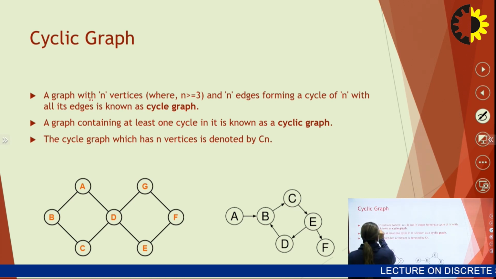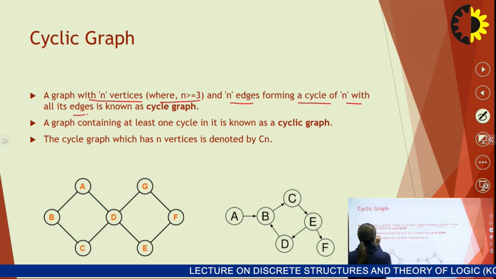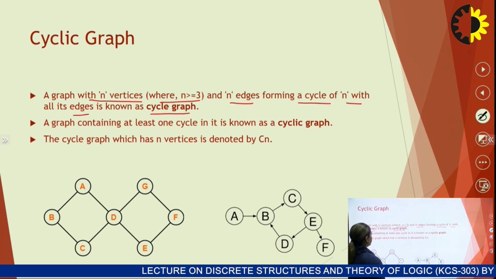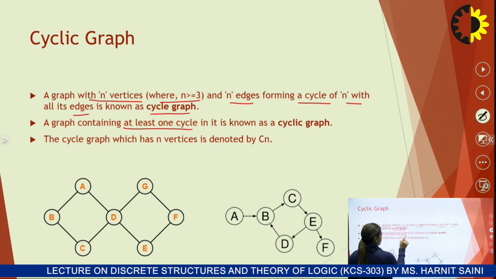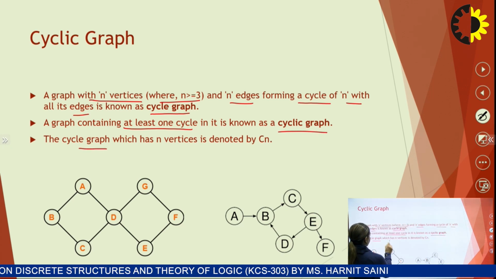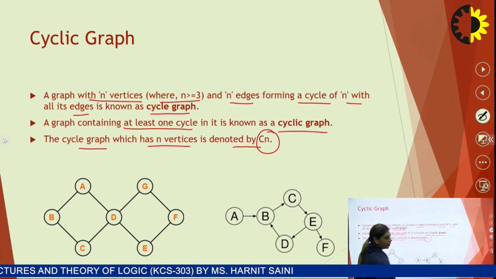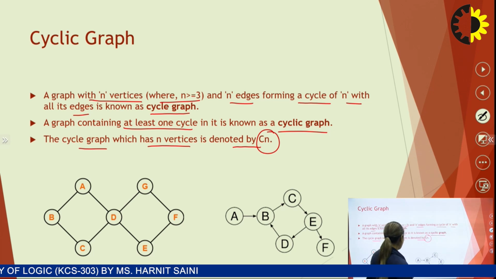A graph with n vertices, where n is greater than or equal to 3, and n edges forming a cycle of n with its edges is known as a cycle graph. A graph containing at least one cycle is known as a cyclic graph. The cycle graph which has n vertices is denoted by Cn, right? Means how many vertices are taking part in that particular cycle.